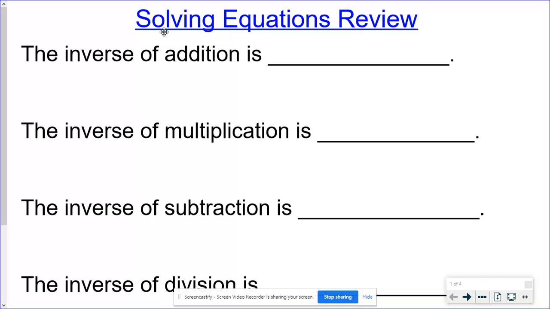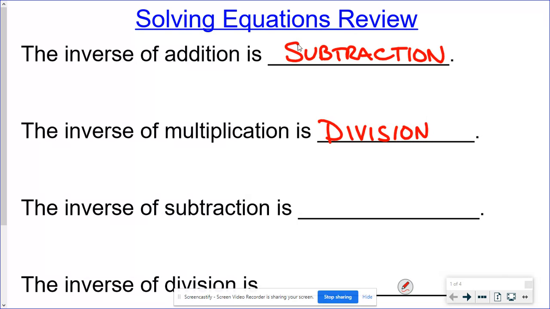So we want to think about, when we're solving equations, how to get rid of stuff that's with our variable. If we had addition in an equation and we wanted to get rid of it, we would use the inverse or the opposite of addition, which would be subtraction. If we wanted to get rid of multiplication, we would use the inverse, which is division.